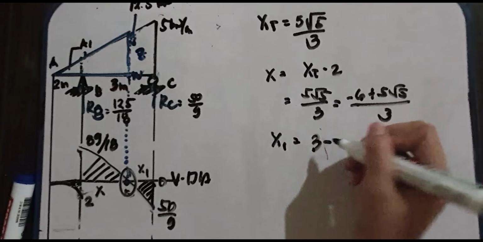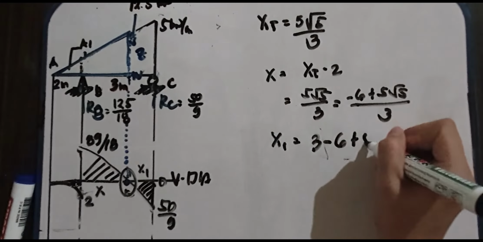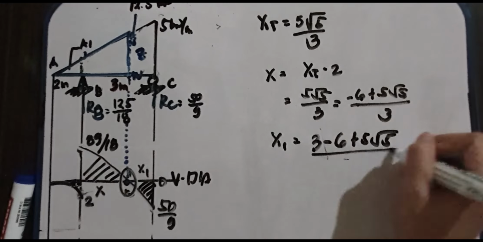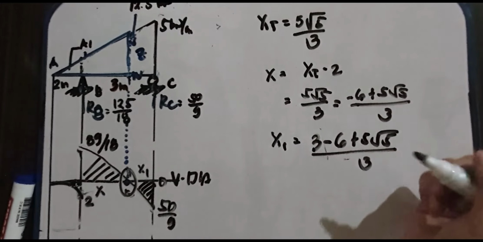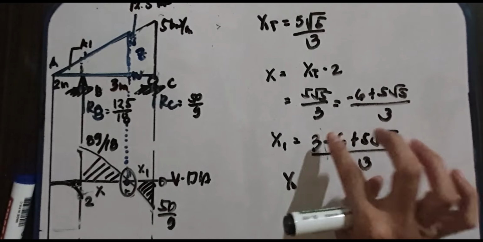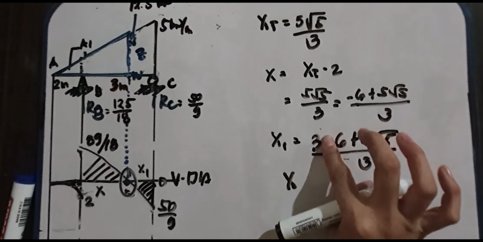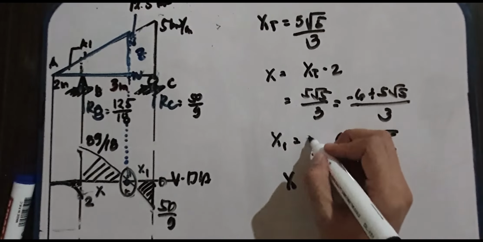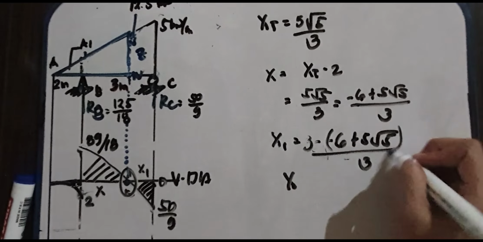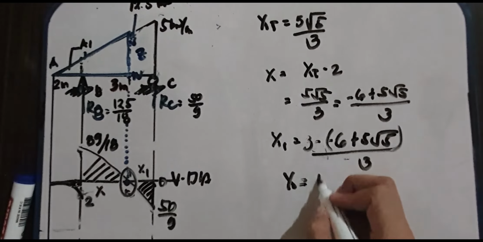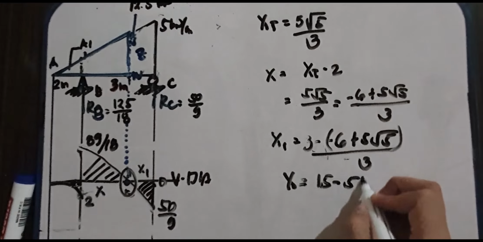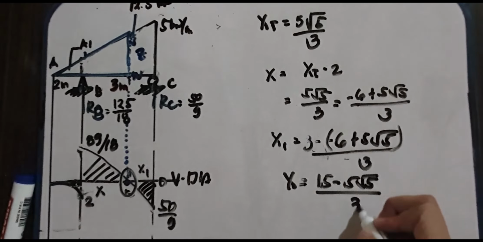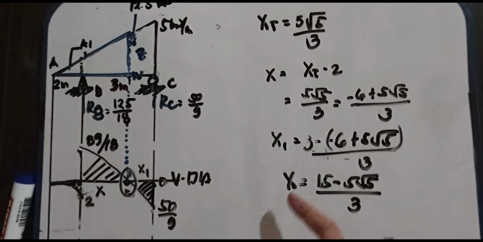So, 3 minus 6 plus 5 square root of 5 all over 3. Okay? So, the value is, ima-minus ha, pero ilagay nyo pa rin dito as 3 minus negative. Ayan. So, we have the value of 5 minus 5 square root of 5 all over 3. So, yan yung x na makuha natin. So, i-note lang natin dyan, as your x1 and x value.